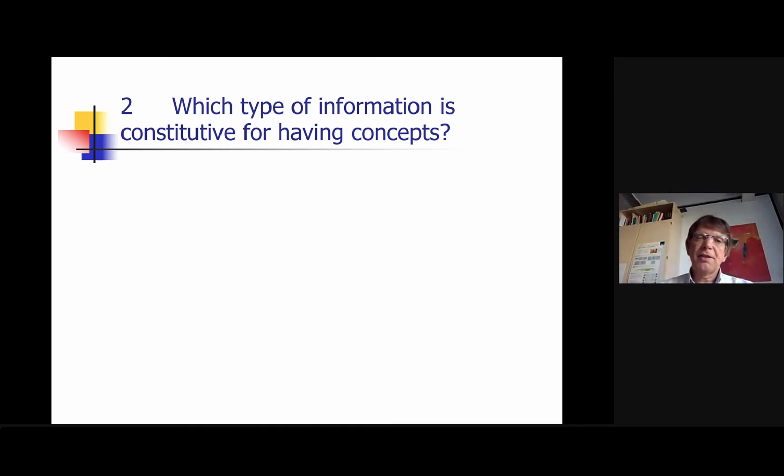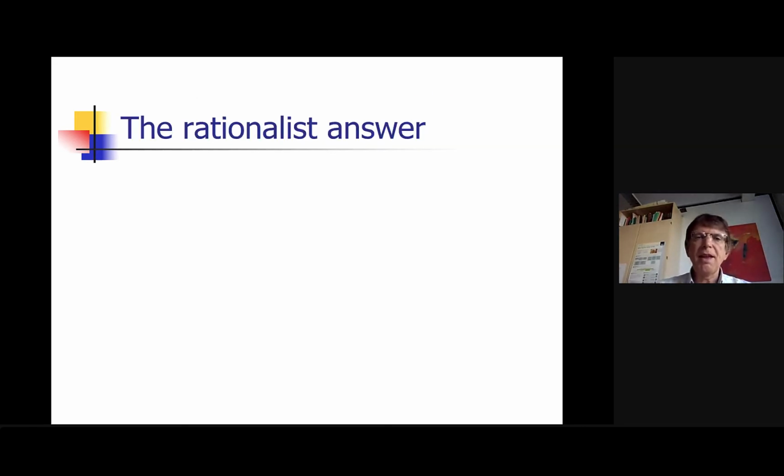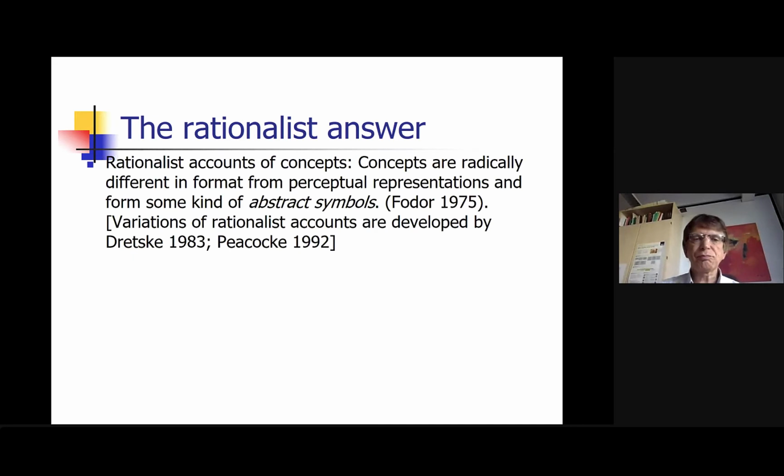The next question is, which type of information is constitutive for having concepts? And here we can look at the philosophical debate. Which type of information is that, if you have a certain conceptual information, a conceptual representation?